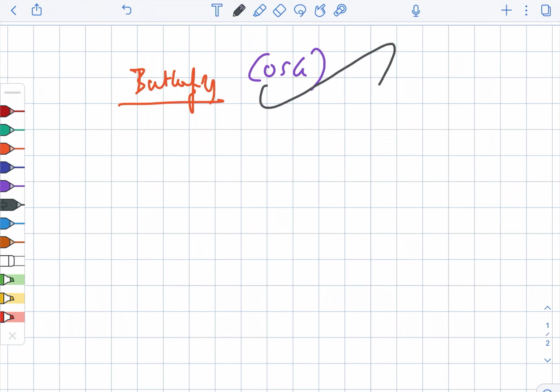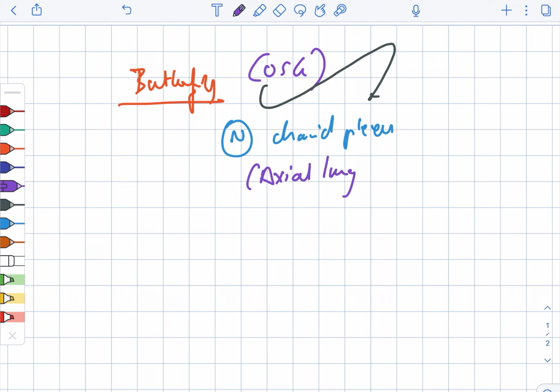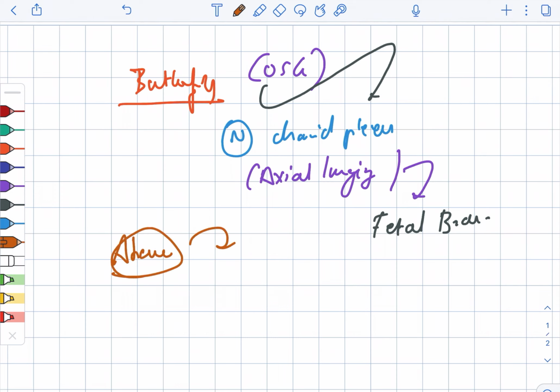It is nothing but the presence of the normal appearance of the choroid plexus on axial imaging of the fetal brain, and an absence of the sign, the butterfly, suggests holoprosencephaly.